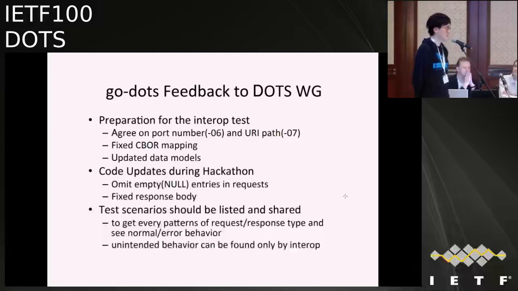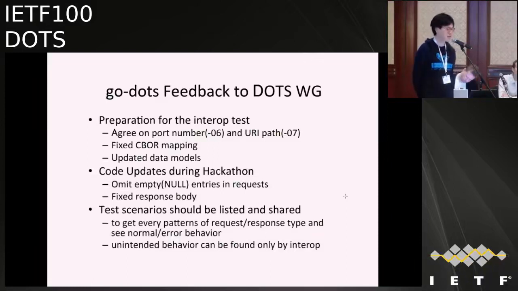Here's the feedback from my side. Before the interop test, we prepared these things. John and I agreed on port number and URI path. The port number is supporting the 06 version of the signal channel draft, and the URI path is supporting the 07 version of the draft.